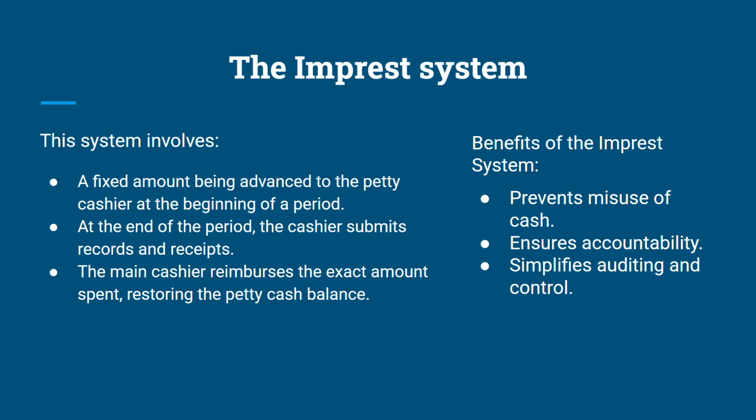At the end of the period, the cashier submits records and receipts. The main cashier reimburses the exact amount spent, restoring the petty cash balance. Okay, so we just need to restore whatever was spent, not necessarily pay £200 or dollars every month. It's just to restore it back to its original balance.